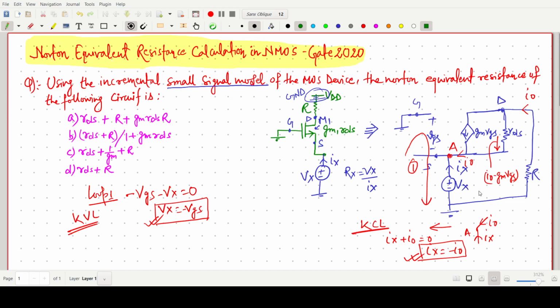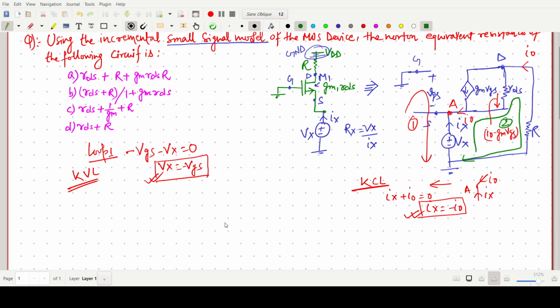So now if we write Kirchhoff's voltage law in that loop, say this loop 2, I am writing in loop 2. If we write the Kirchhoff's voltage law, we can write Vx plus Vx, and the current in the opposite direction.